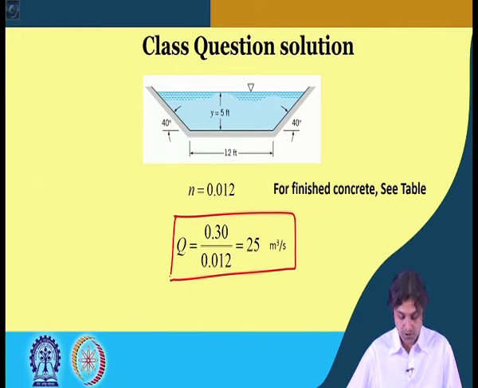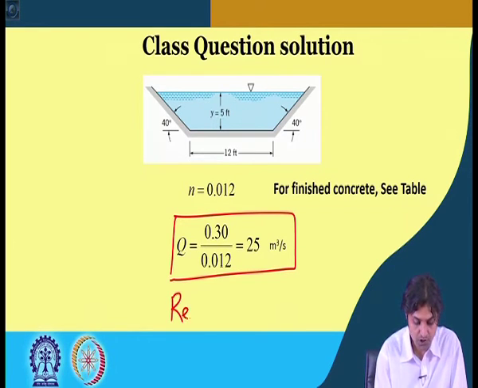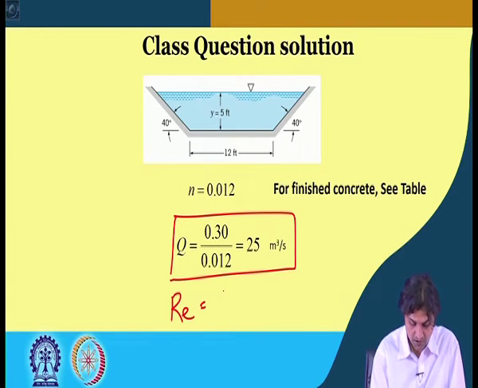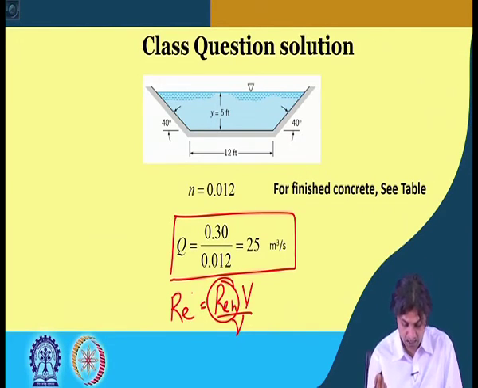All right. So, the next question says we have to calculate the Reynolds number. Reynolds number is given by RH V by nu, where RH is the hydraulic radius. This is the characteristic length, as I told you in the beginning. Mostly it is the height, but in open channel flow it is the hydraulic radius.